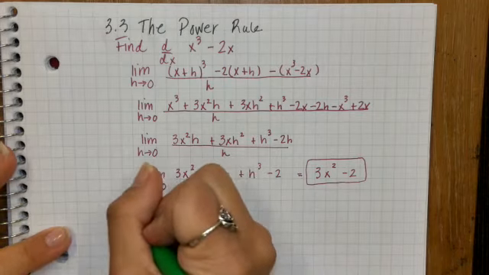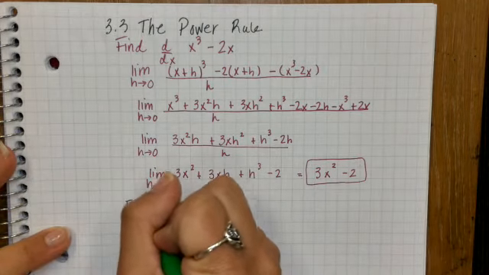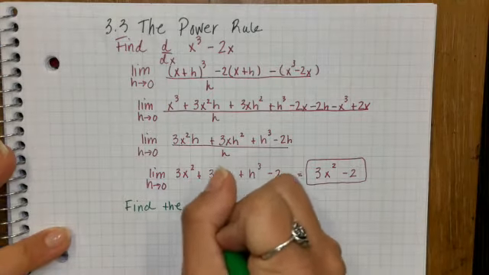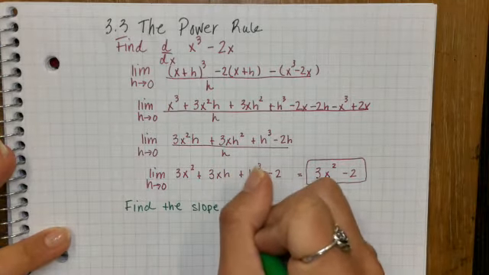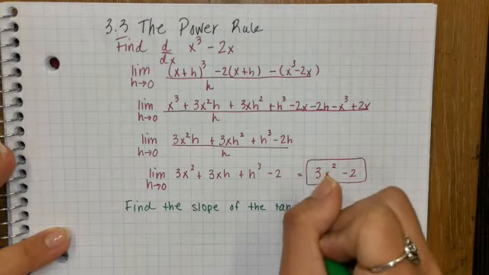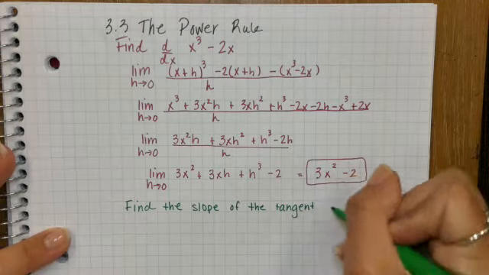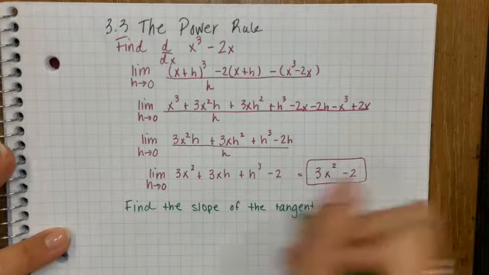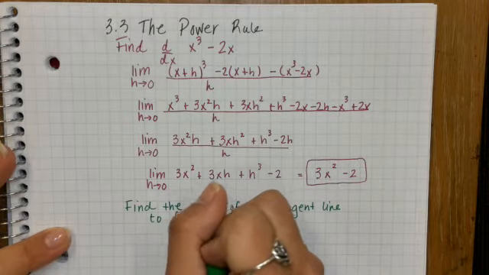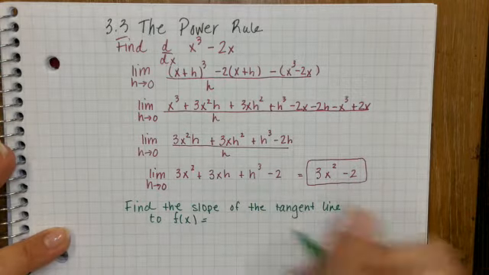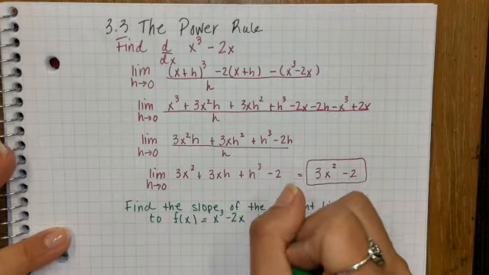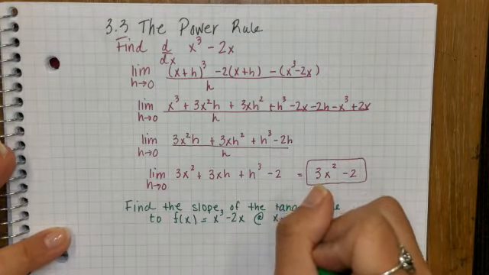If you wanted to find the slope of the tangent line to f of x equals x cubed minus 2x at x equals 4.